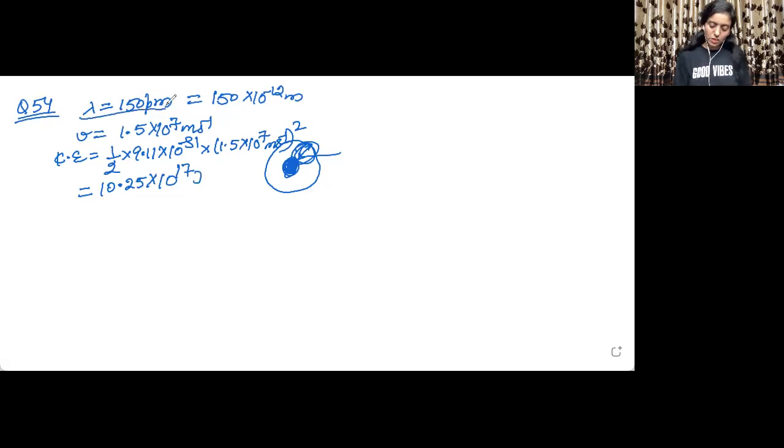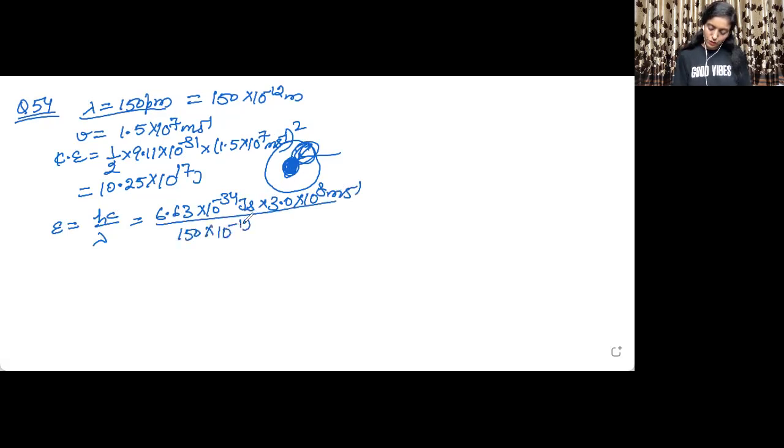Now we have been given the wavelength. So energy of the incident photon will be equal to hc upon lambda, 6.63 into 10 raised to the power minus 34 joule second into 3.0 into 10 raised to the power 8 meter per second upon lambda is 150 into 10 raised to the power minus 12 meter.